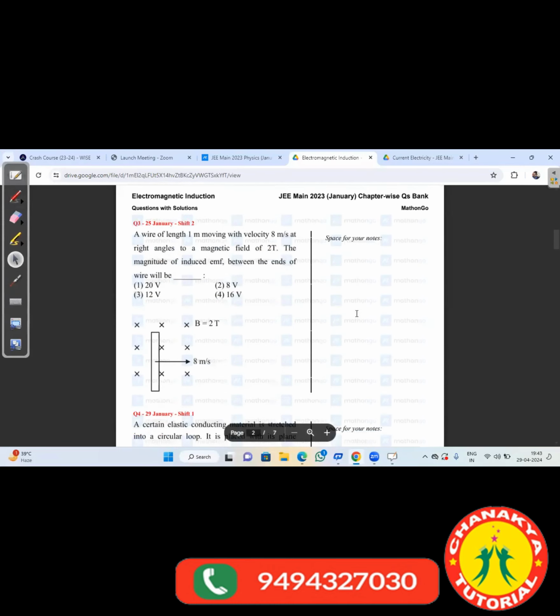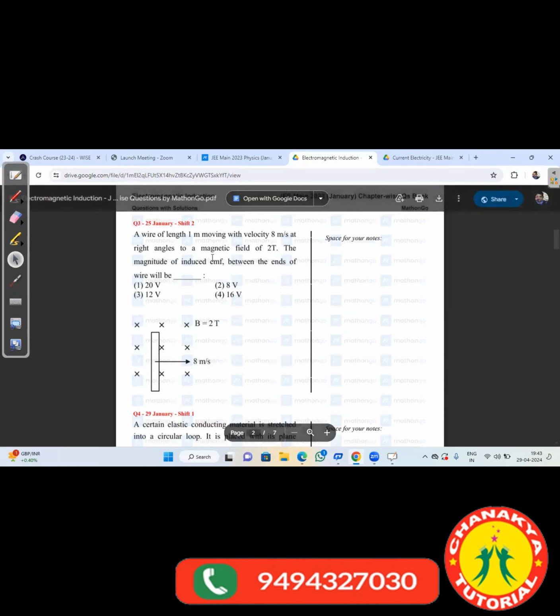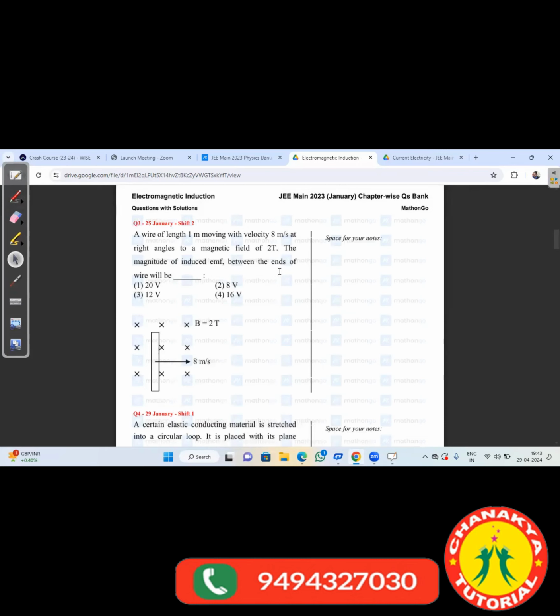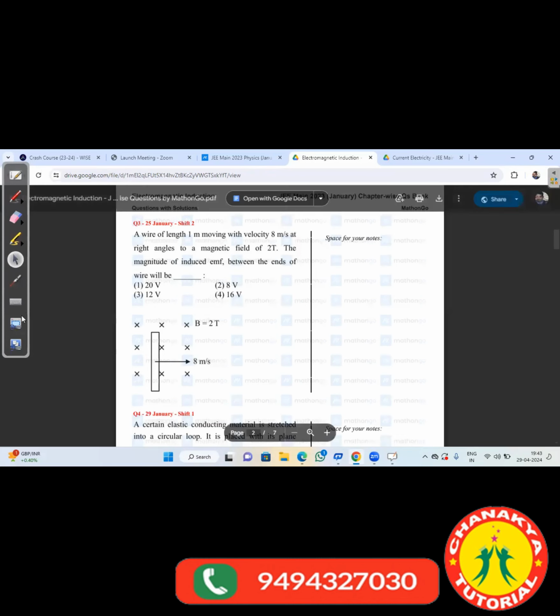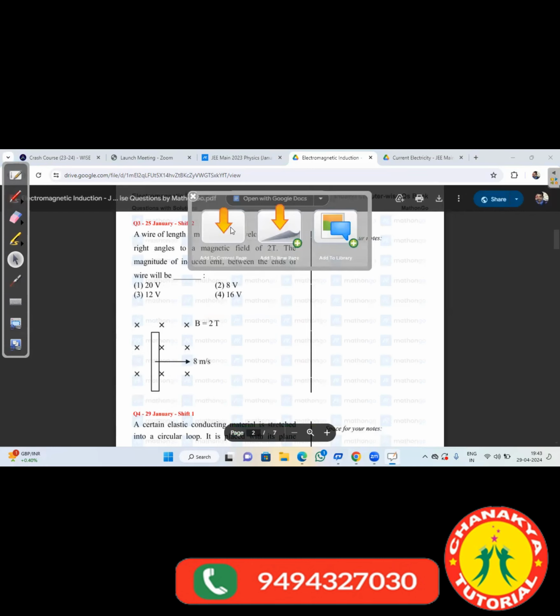A wire of length 1 meter is moving with velocity 8 meter per second at right angles to a magnetic field of 2 Tesla. The magnitude of induced EMF between the ends of the wire will be? Let's see.